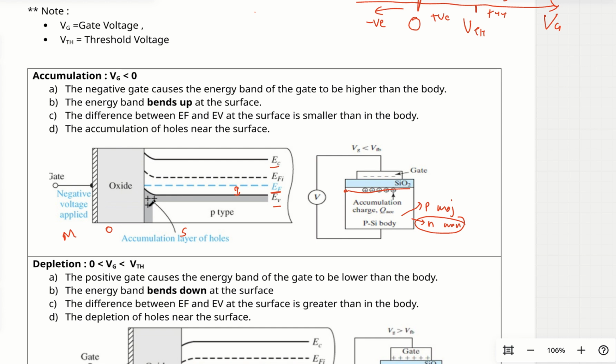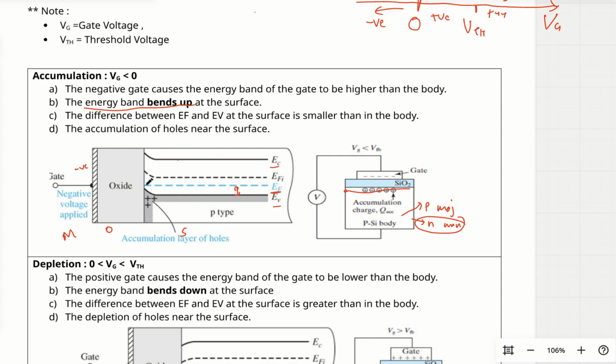Near the surface, during accumulation, your gate is now negative. The energy band will bend upwards. The conduction and the valence band will bend upwards. The Fermi level doesn't change. It's always here, straight.